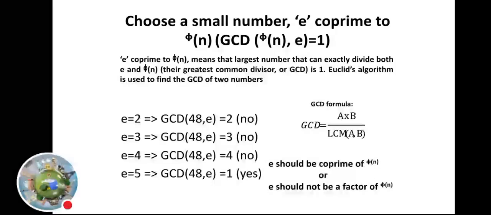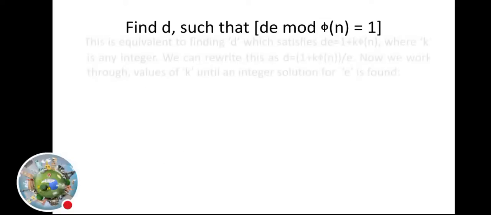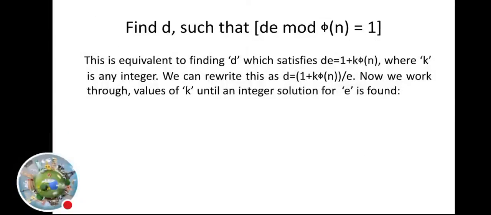So that statement is very important. E should be co-prime to phi of n, or E should not be a factor of phi of n. Never should it be a factor of phi of n. So what is D? Remember the D formula: D equals 1 plus k into phi of n, divided by E. k is any integer.